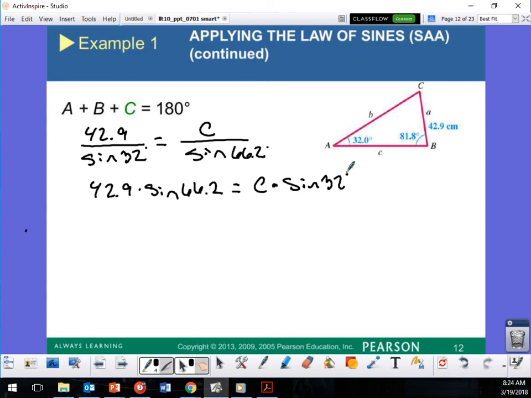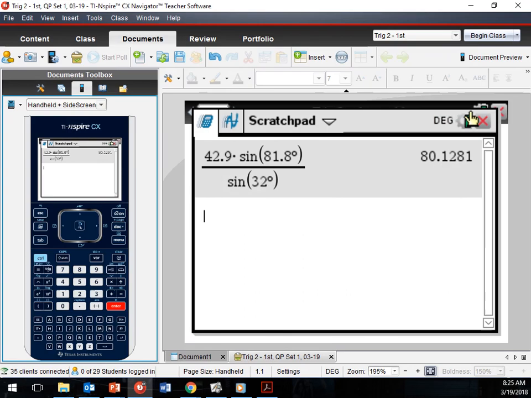Divide by sine. Very good. We're trying to get c by itself, so I'm going to divide both sides by sine 32. Now I can plug that in the calculator. Alright, control, divide.